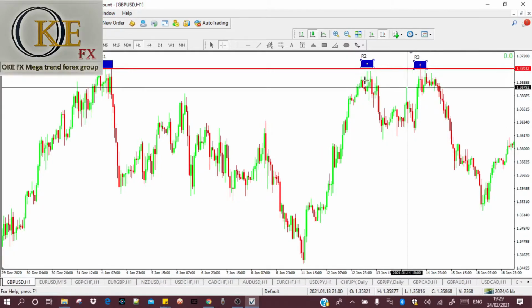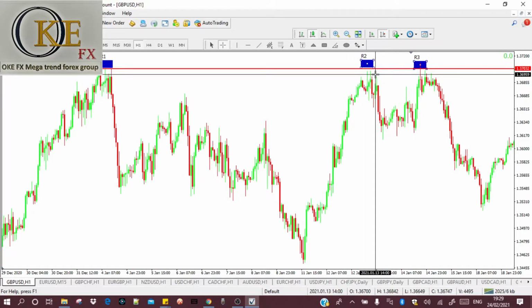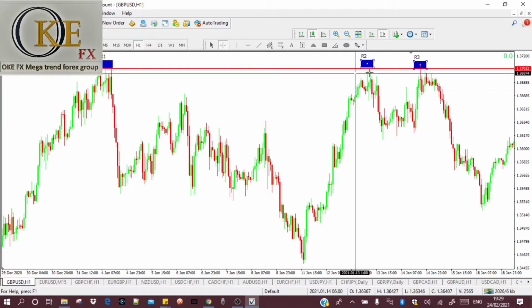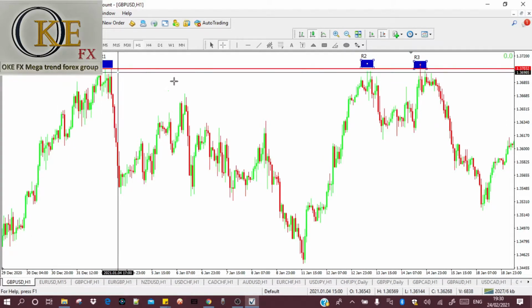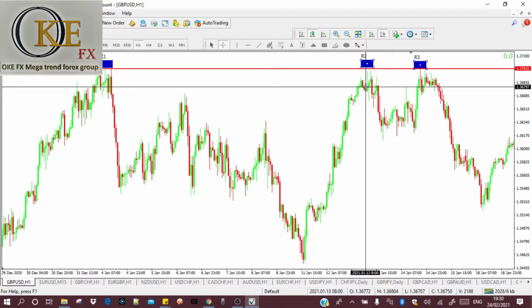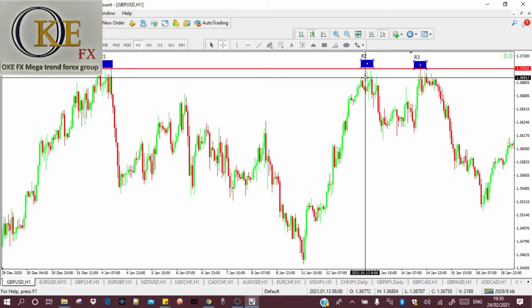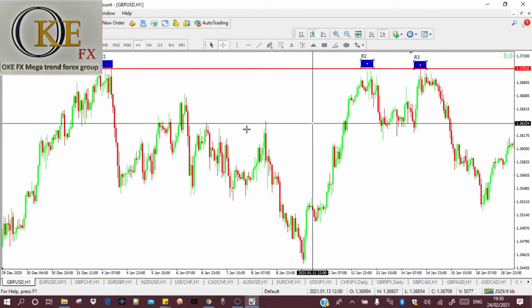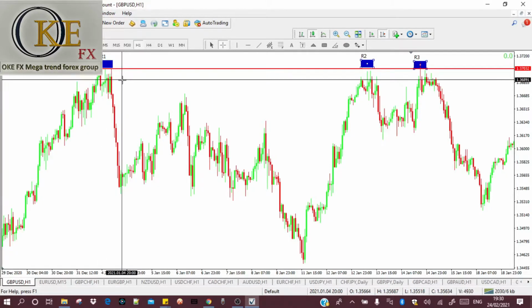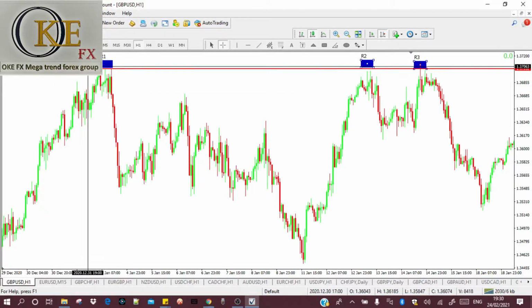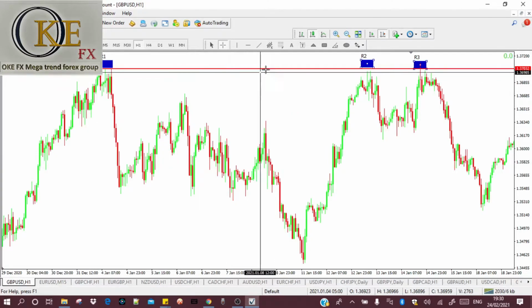Now this is looking like a scenario of what we will call a chart pattern called double bottom. Others even say triple bottom, because 1, 2, 3. This pattern is mostly built on the basis of support and resistance. So this is a classical example of a resistance, because price keeps rejecting at this particular line.